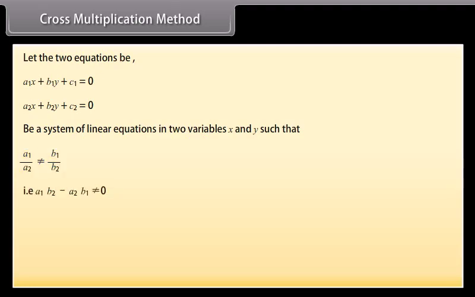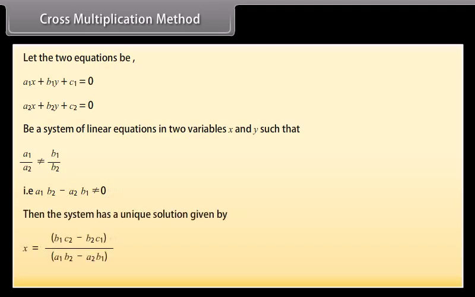That is, a1b2 minus a2b1 is not equal to 0. Then the system has a unique solution given by x is equal to (b1c2 minus b2c1) whole upon (a1b2 minus a2b1) and y is equal to (c1a2 minus c2a1) whole upon (a1b2 minus a2b1).